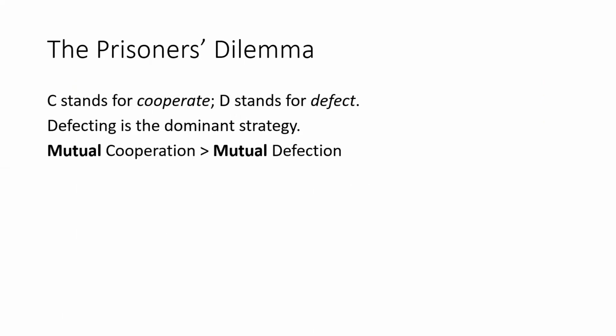But if both people defect, both of them will score lower than if they had both cooperated. So as you can imagine, it's pretty wonky.